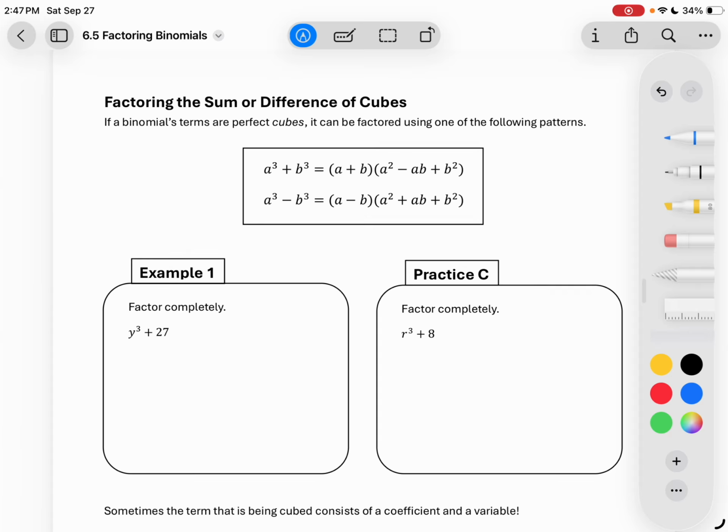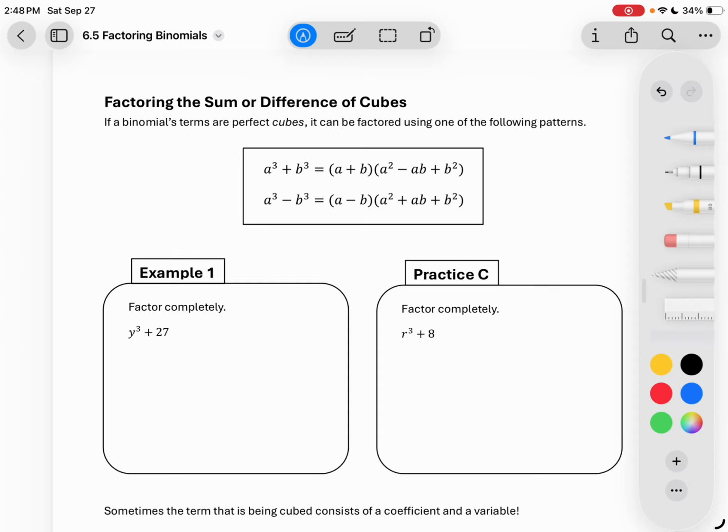It looks like a lot to look at, but let's just break it down bit by bit. So if you look on the left side, it says a cubed plus b cubed. That means something getting cubed plus another thing getting cubed. And that will factor to what's on the right side of the equal sign, which is just the something without the cube. So a without the power of 3. And then plus b without the power of 3.